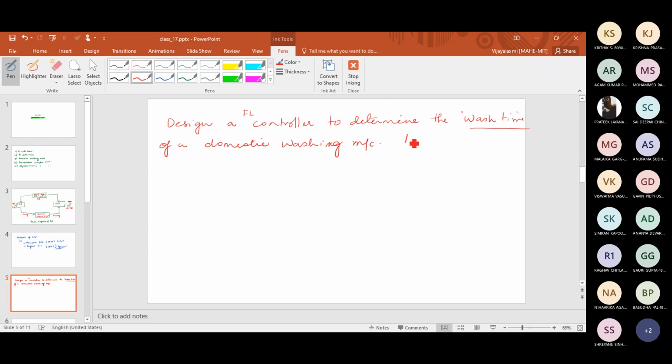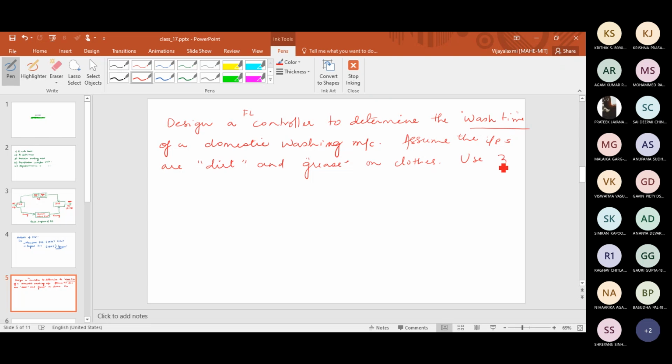Assume the inputs are dirt and grease on clothes.